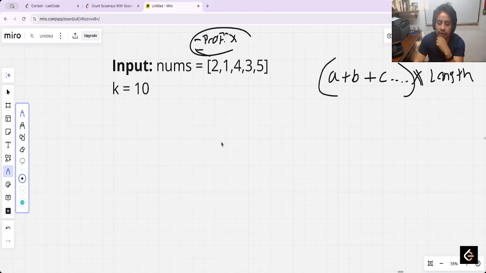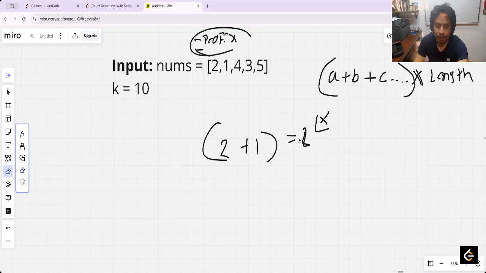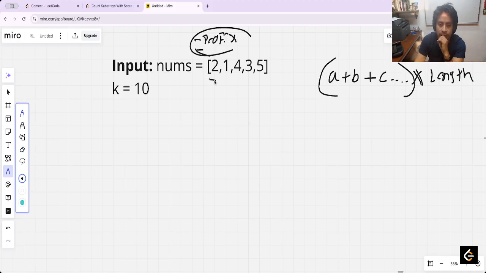For example, if I have 2 plus 1, and I am here, this plus 0 because I don't have more elements, multiplied by 1 is equal to 2. It's less than 10, which means this is still valid.